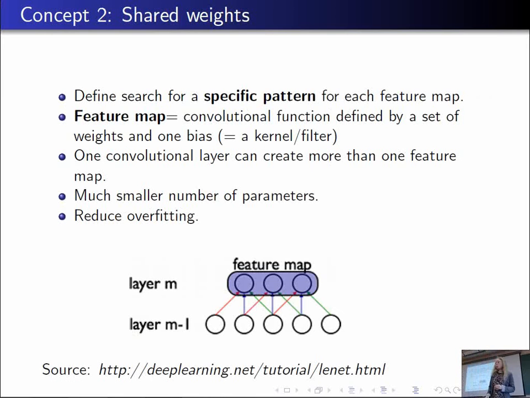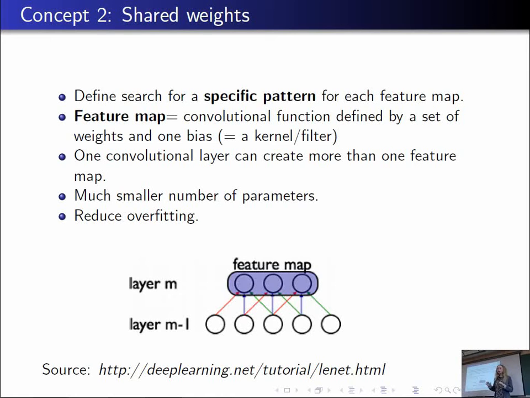So why did I talk about shared weights? It's because for each convolutional layer, you can have different feature maps, but each feature map is determined by a kernel or a filter, and a kernel or a filter is determined by its weights and its bias.